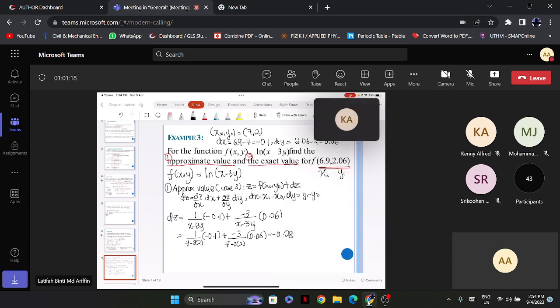Next we want to get our approximate value.